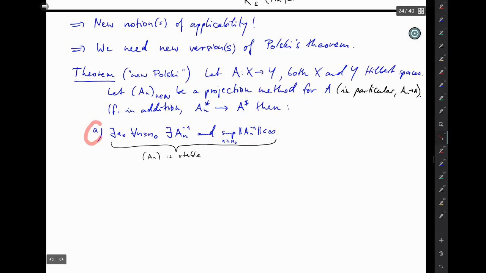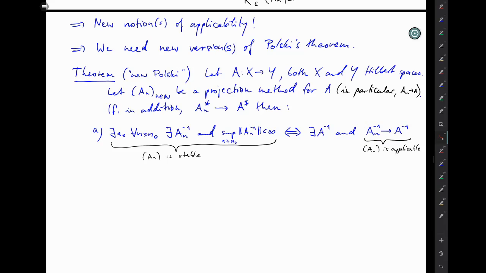Now the statement of A is that this stability is equivalent to invertibility of A and the usual applicability of your method, where we write applicability in this shortest possible form. So it all comes down to the inverses converging strongly to the inverse.